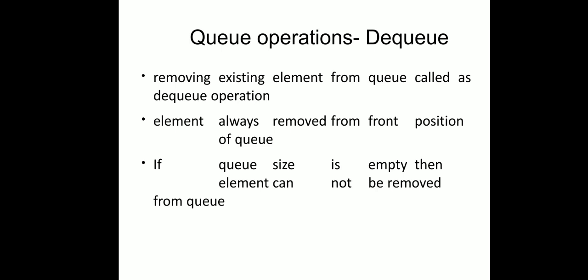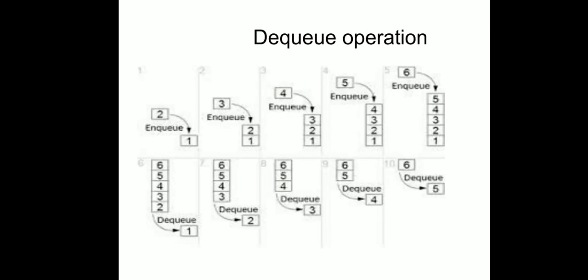Okay, and one thing you have to remember: if your queue is empty, then an element cannot be removed from the queue. So these are the two operations. Now see the example. There is a queue with elements 1 2 3 4 5 6. When I say dequeue, 1 gets removed. When I say dequeue again, 2, then 3, then 4, then 5. So from the front side, elements get removed from the queue.